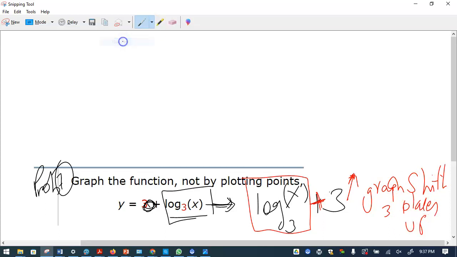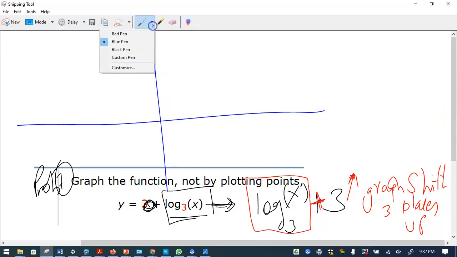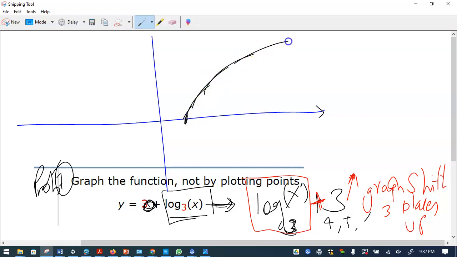That means all I have to do is graph the original function first, logarithm of x to the base 3. Now this 3 is smaller than 4, 5, 6. Remember, the bigger the base is, the flatter the graph, but 3 is quite a little smaller one. So if this is 1, it may be something like this. So this is the graph.